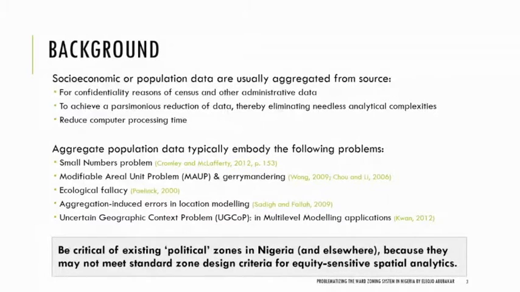So as a way of providing a background, just note that in socioeconomic applications, we often make use of aggregated data sets. For confidentiality reasons, for instance, because you don't want the identity of some people to be known.